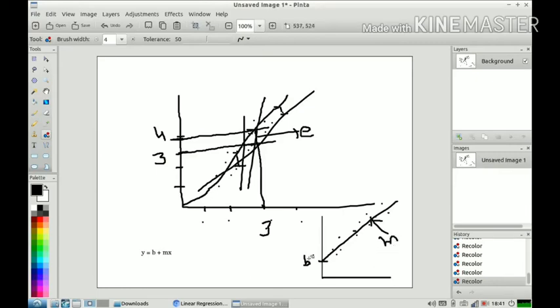Slope represents how much changing the value of x on the x-axis impacts the value on the y-axis. If it is impacting more, the slope will be more. If it is impacting less, the slope will be less. That's the formula of our line.